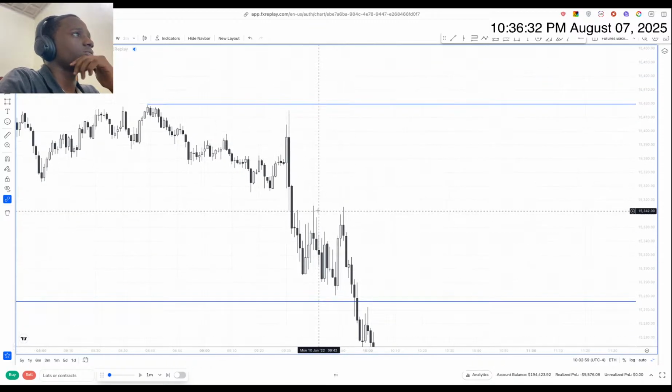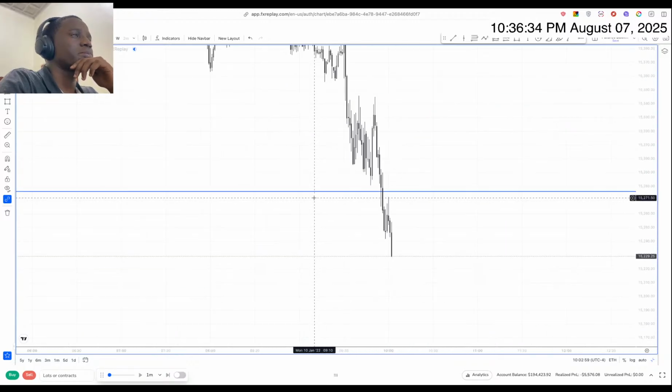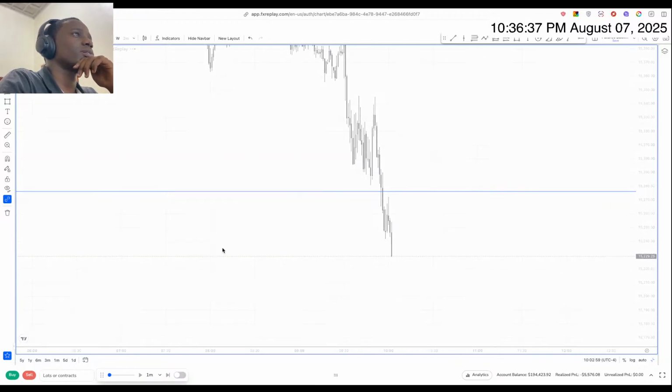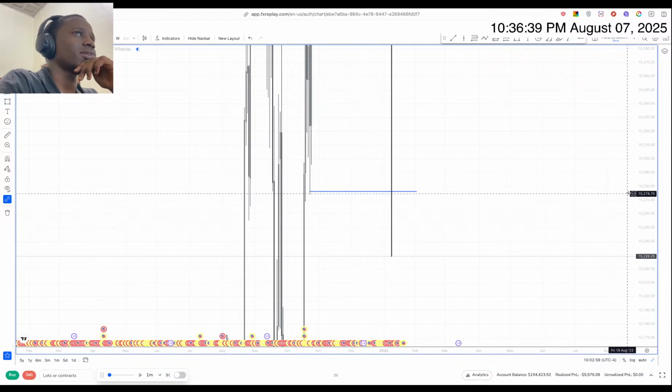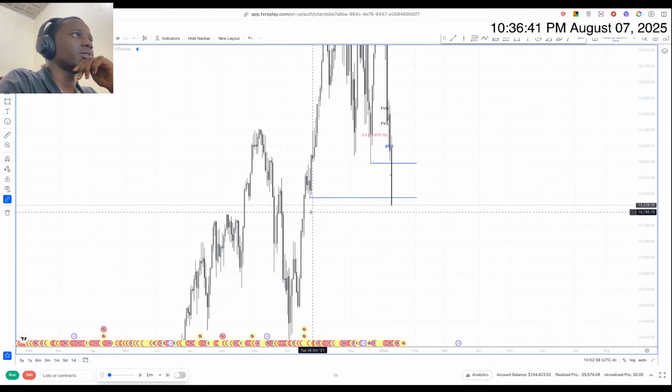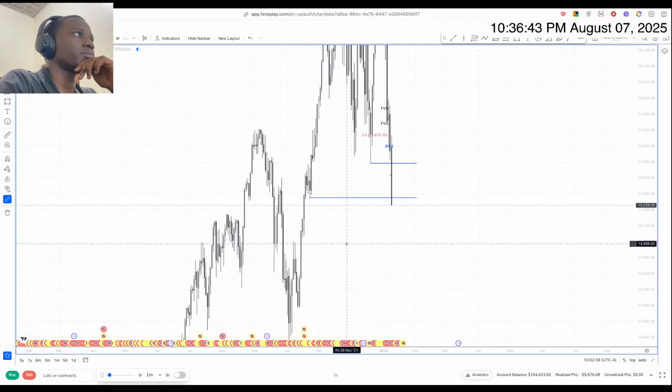For 30 minutes, nothing big happens, but we take out the low from that other block. You can see it right there, which makes us drop into this fair value gap.